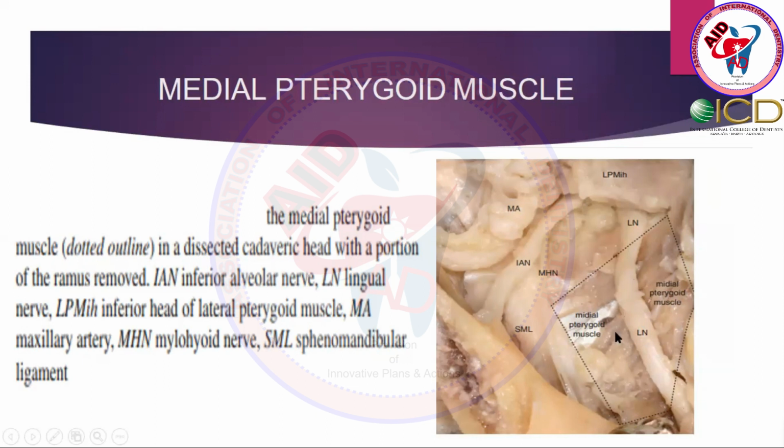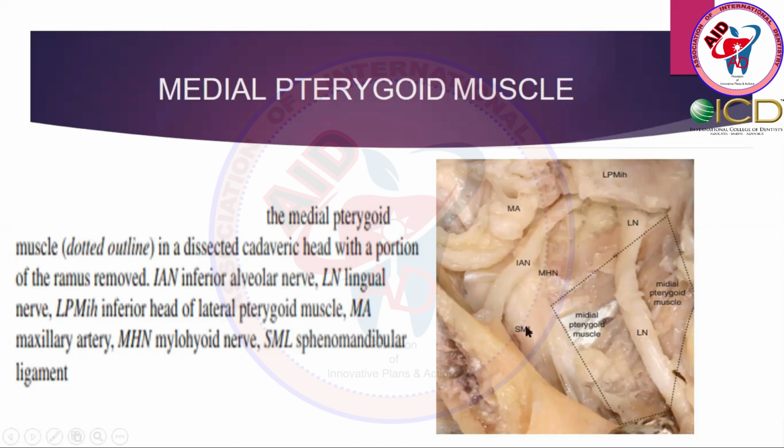Now this is the inferior head, and the mylohyoid nerve, this inferior alveolar nerve right here, and that is the nerve to mylohyoid, which generally comes out from the inferior alveolar nerve before entering the lingula.